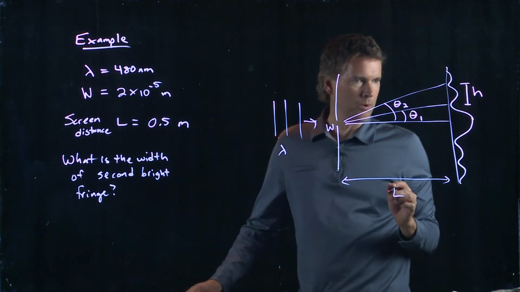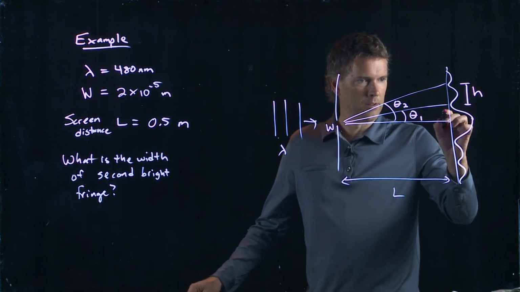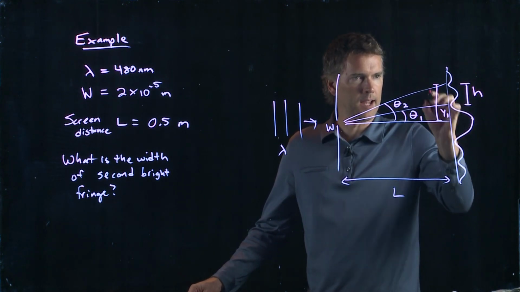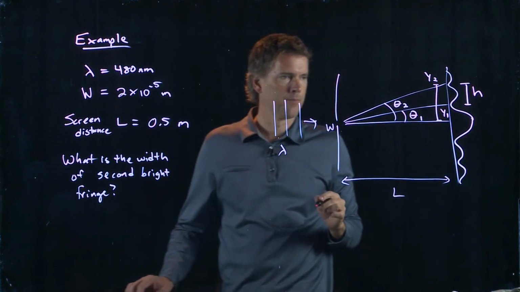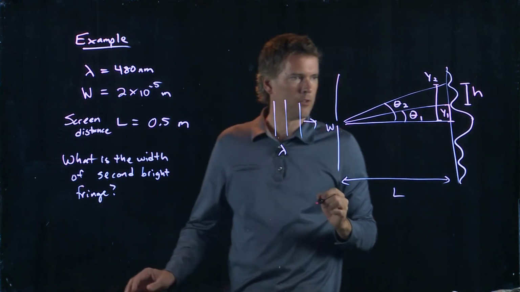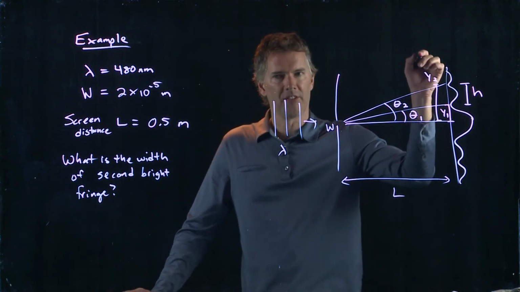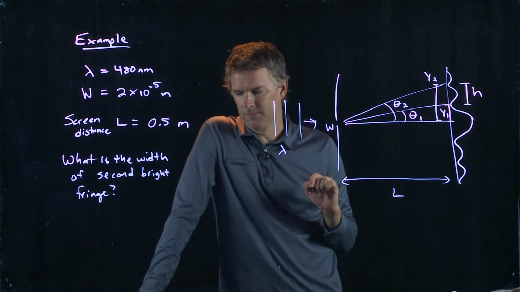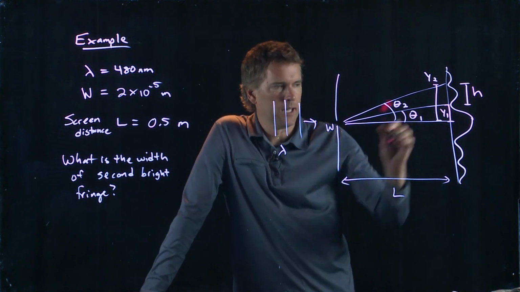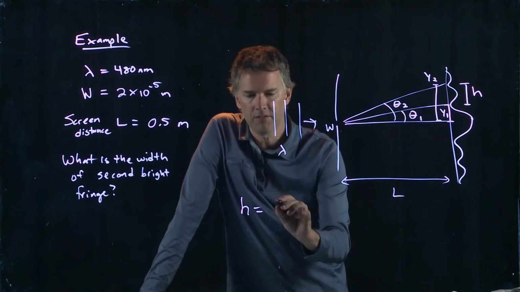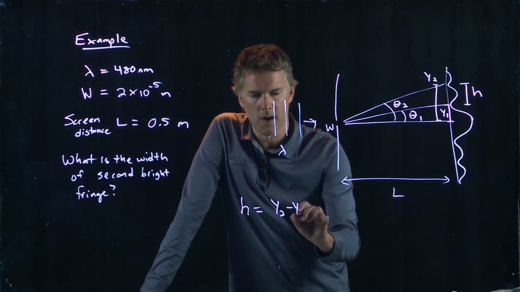And let's label this as y1 and this whole height as y2. Okay, y1 is going up to the first dark fringe, y2 is going up to the second dark fringe. And now we need to figure out how to calculate h. All right, h is of course just going to be the difference between y2 and y1.